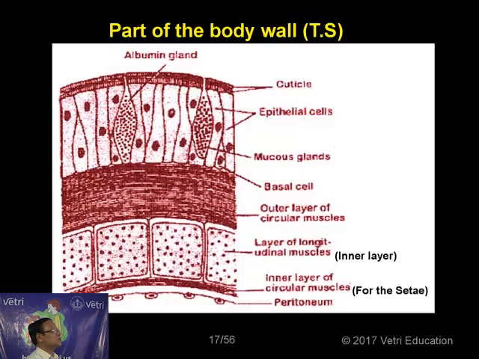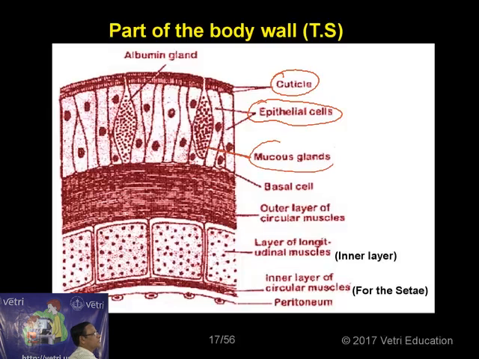As I mentioned earlier, the outermost layer is a thin, non-cellular, transparent layer, the cuticle. Then we have the epidermis made up of cells, and some of the cells contain glands. These are the glandular cells, unicellular glands, which secrete mucus.